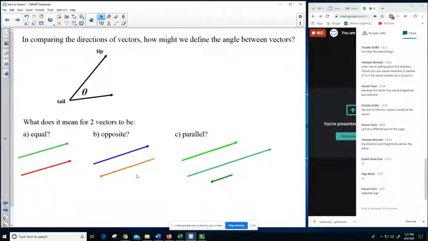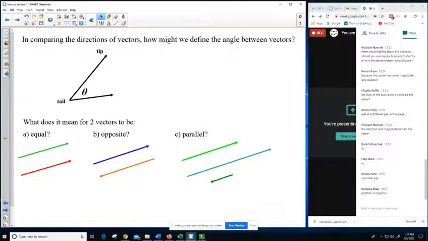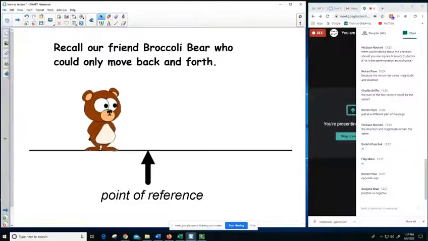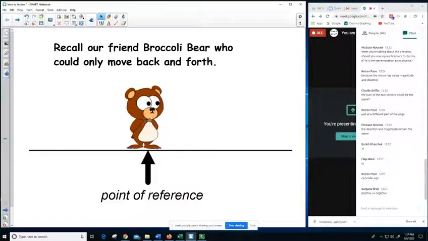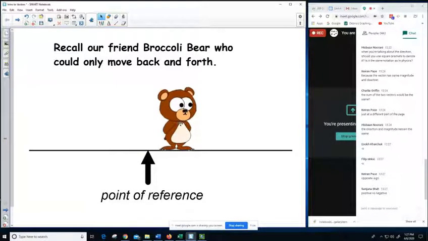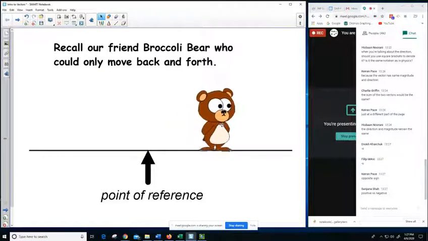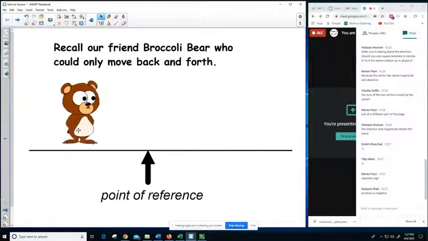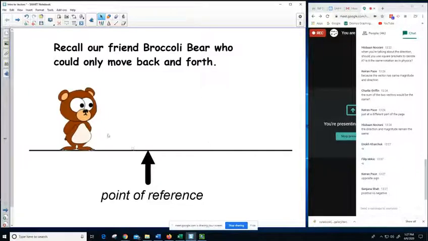And what we're going to get to at the very end of this sheet is that we're going to make a lot of connections to vectors, whether in 2 dimensions or 3 dimensions, and we're going to make sure that everything we define in 2 and 3 dimensions also works out in 1 dimension. So if this is position u, we used negative u to represent being in the exact opposite direction, the same distance away.